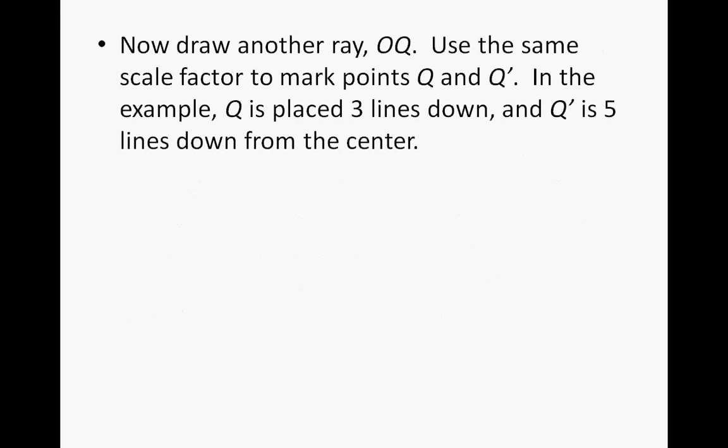Now draw another ray, which we're going to call OQ. You might want to draw this a little bit to the right of O, not down the center of your paper. Use the same scale factor to mark points Q and Q prime. In the example, Q is placed 3 lines down, and Q prime is 5 lines down from the center. Use the same as you did for OP, just translate it to OQ.